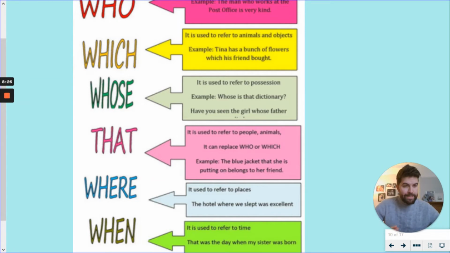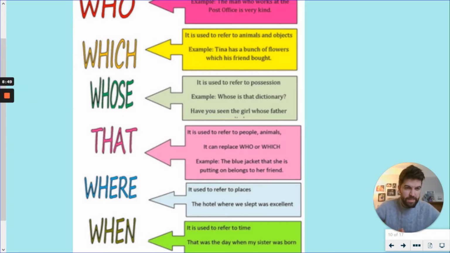That and which, quite often we could use either of the two. They're kind of interchangeable. And sometimes it's about just having a go and seeing which one sounds right. In this example, the blue jacket that she's putting on belongs to her friend. It's usually used about objects, things, sometimes animals.